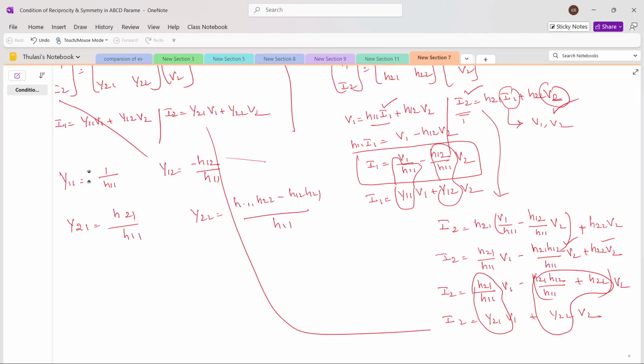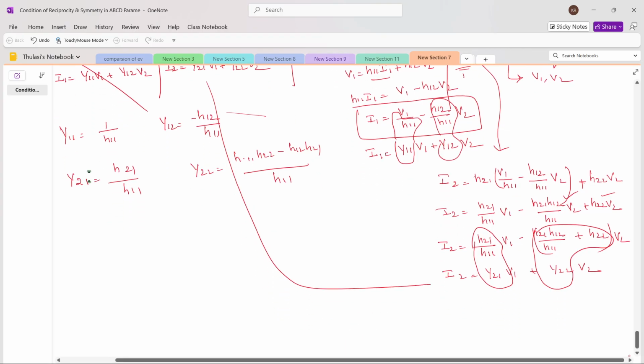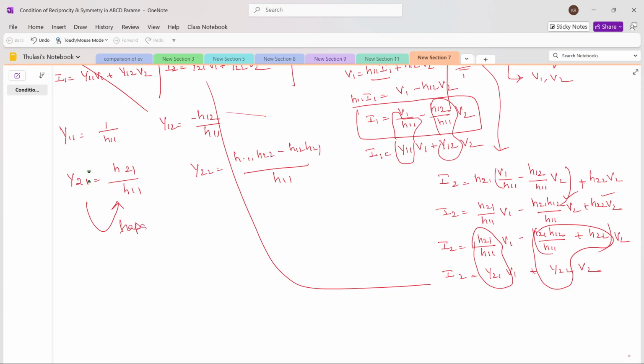So this is the value we are going to get. This is how we compare both the equations one by one by comparing with the related terms. This is how we have each individual equation. So successfully we transformed y parameters in terms of h parameters.